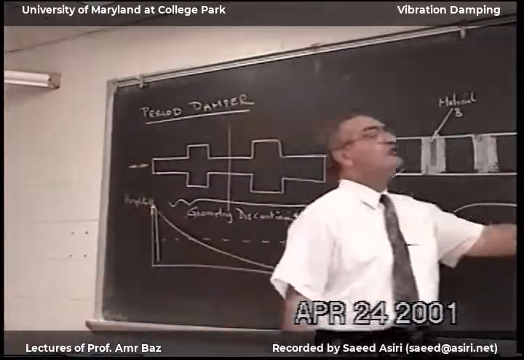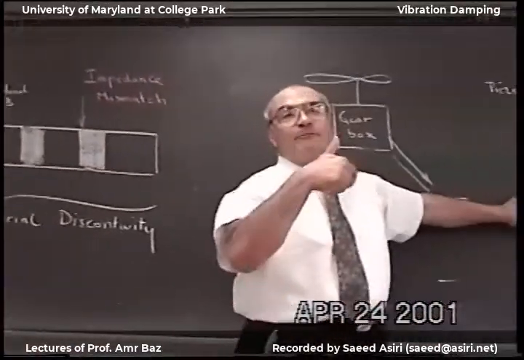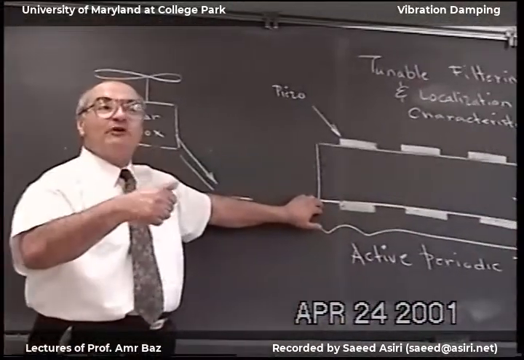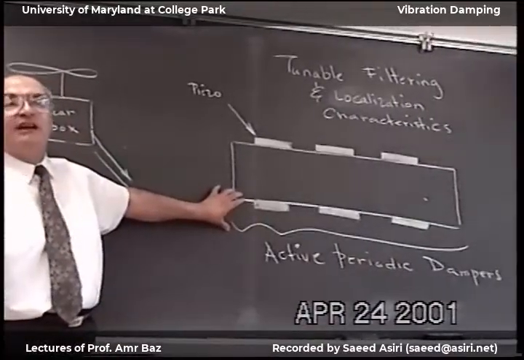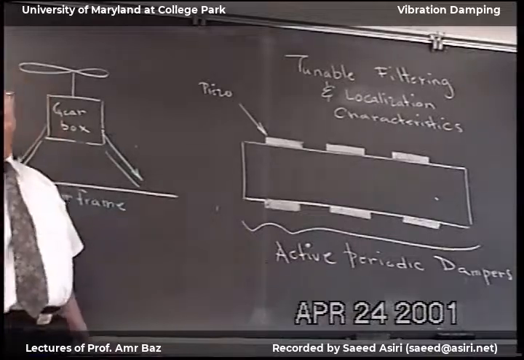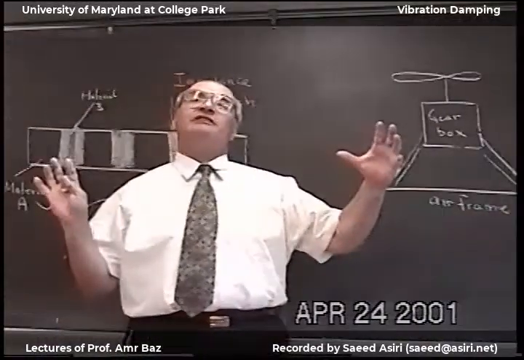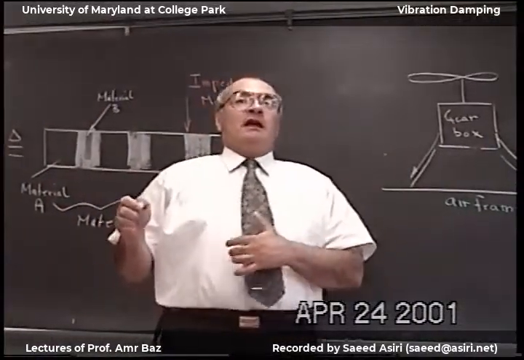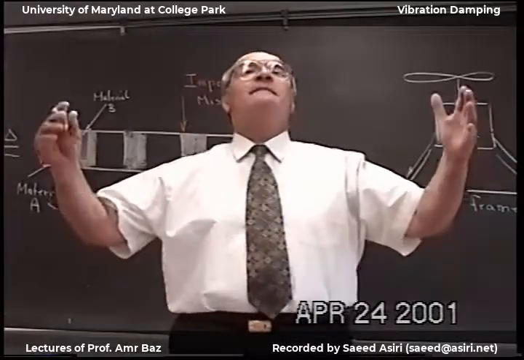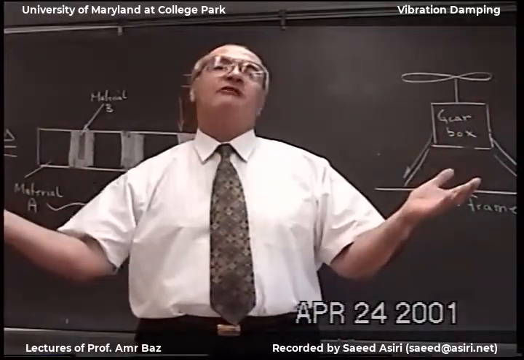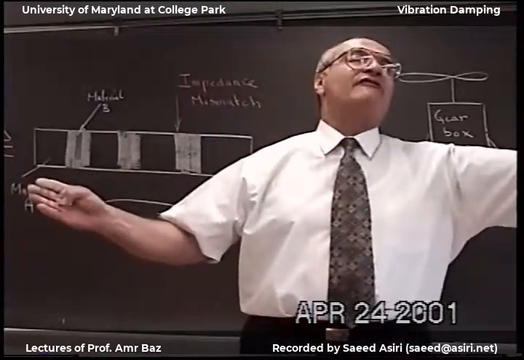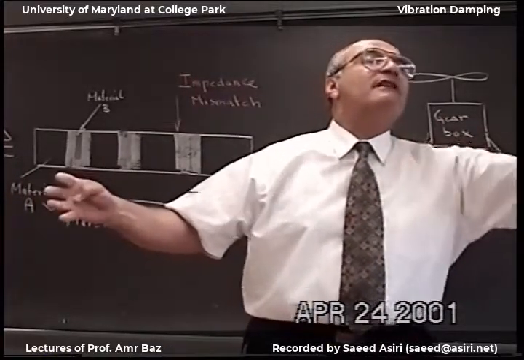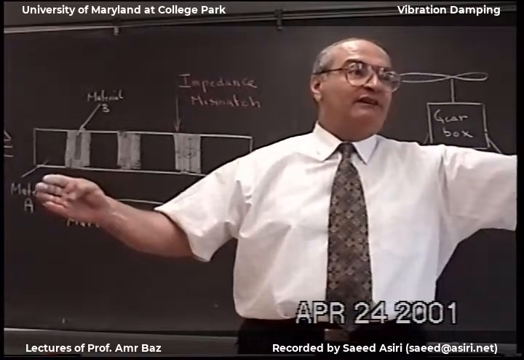Now, if we introduce active component or a periodic component, I can shift the performance to low frequency. For example, if you have the torpedo application that I'm saying, and you have vibration around maybe 100 hertz, you need the torpedo to be almost half a mile, so you can get the benefit of the attenuation. Okay?